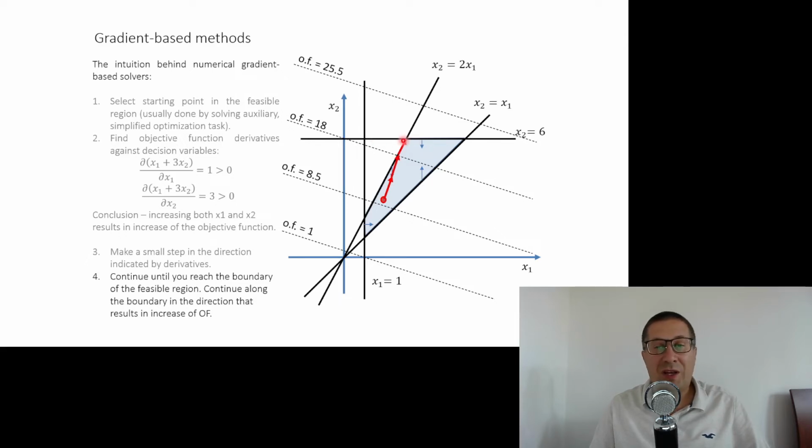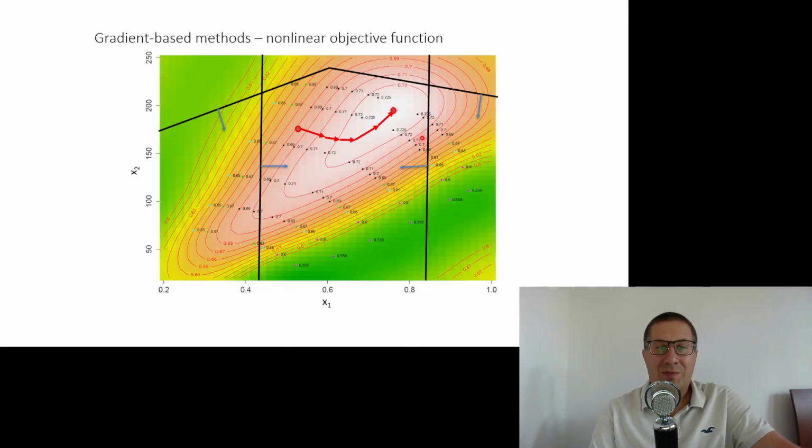So what we can do is still move higher but slower, because we have to touch this constraint. So we are going and going and going, and finally we are reaching this point. We cannot go any higher than this because of this particular constraint, this one and this one. So this is the optimal solution. The gradient tells us where to go, and constraints limit our movement. This is, I think, a simple explanation of those gradient-based methods.